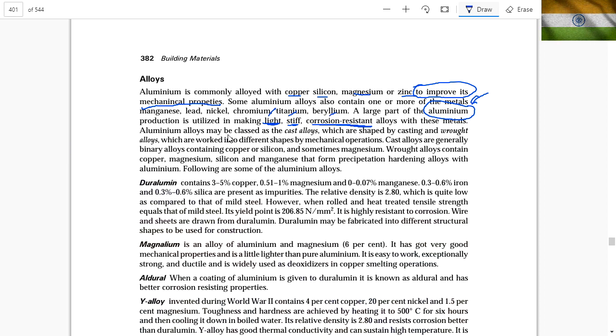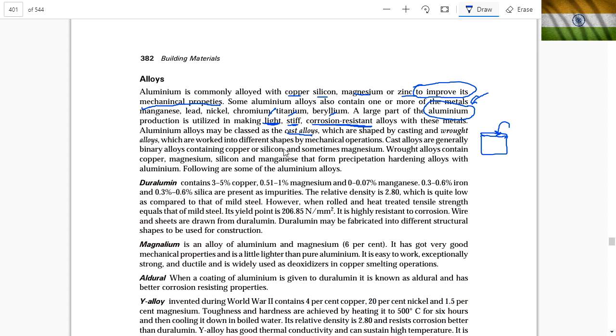Aluminum alloys may be classified into two classes. First, cast alloys, which are shaped by casting. It means you melt the alloy and then you pour it into the mold. That is what is called cast alloys. And another one is called wrought alloys.